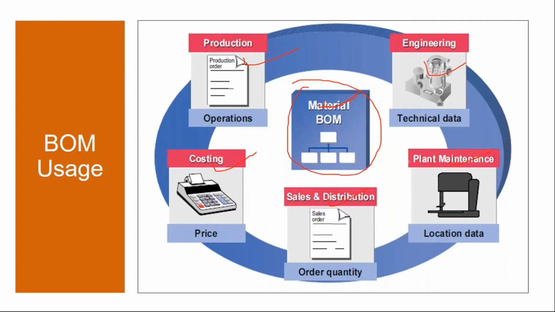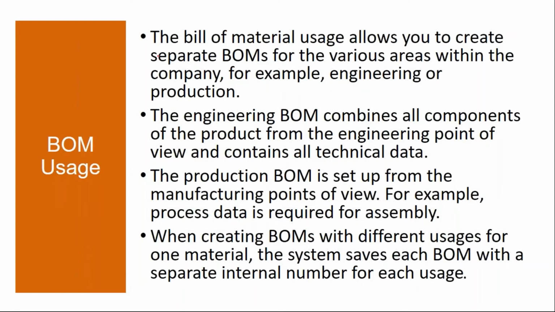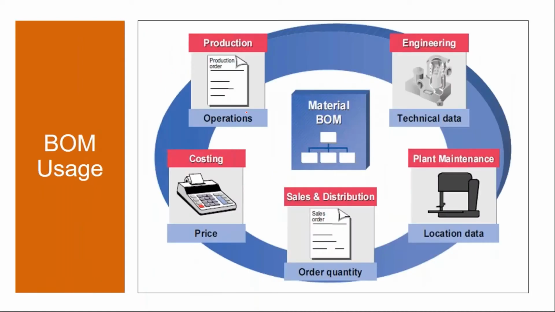That is the BOM usage. In our PP, we will be using the material BOMs with usage production. So that's what you need to understand. The bill of material usage allows you to create separate BOMs for the various areas within the company, for example engineering or production. That means the same material BOM can be created for different purposes.